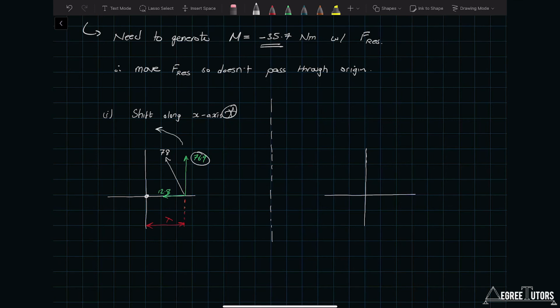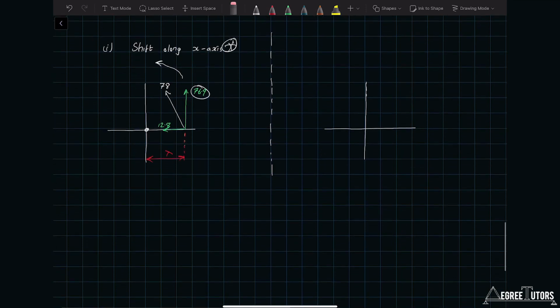If I shifted my force to the left, in the negative x direction, then the vertical component would be over here somewhere, and about the origin that would generate a clockwise moment, and I don't want that. I want a counterclockwise moment, and so I have to shift to the right. Let's actually finish that out before we move on to our other option.